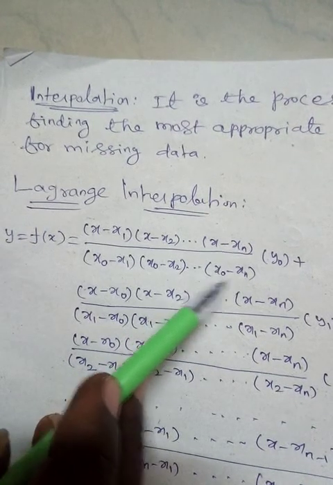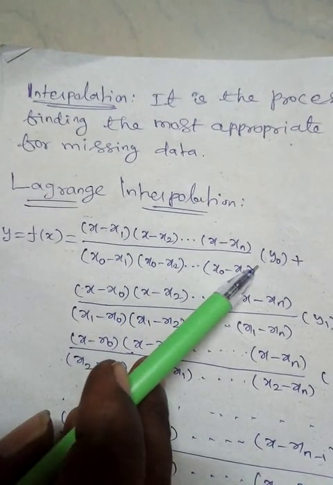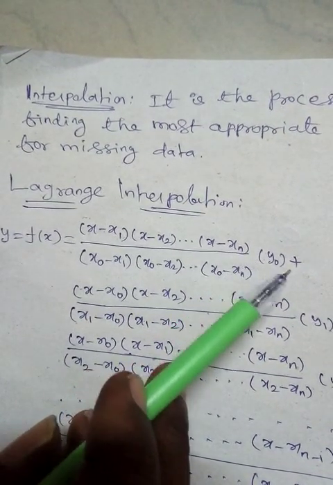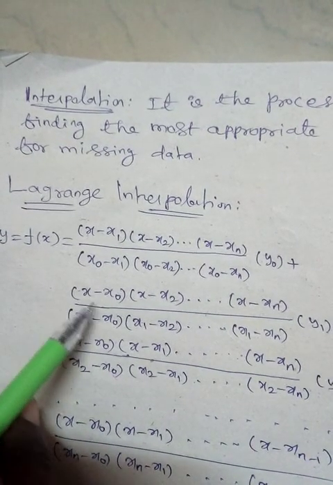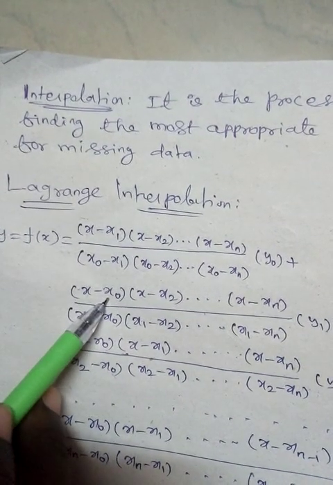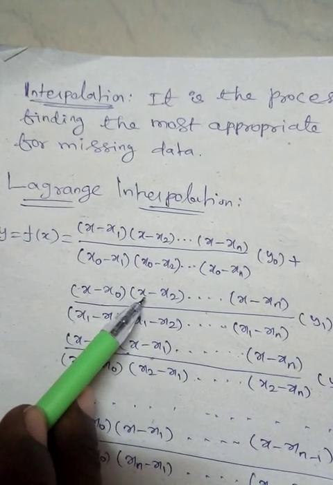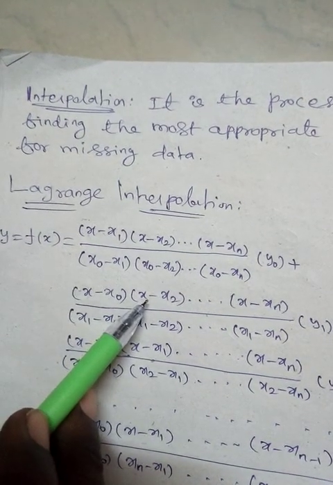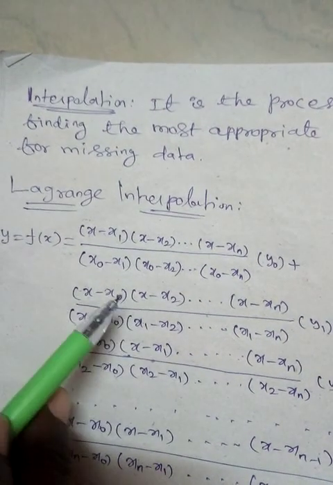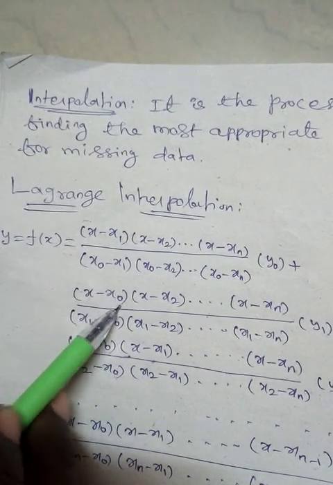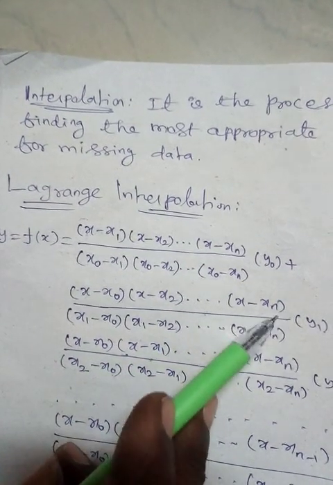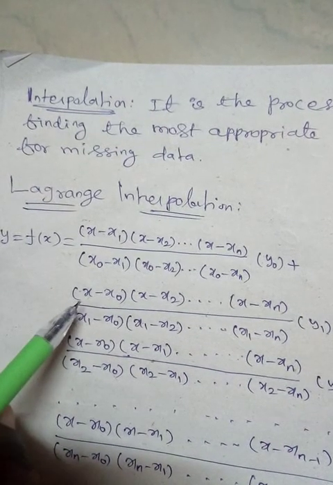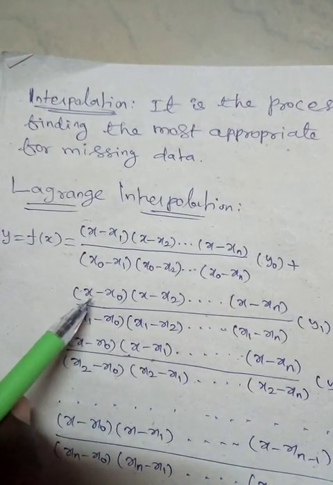So start from x0: x0 minus x1, x0 minus x2, x0 minus x3, etc., up to x0 minus xn, into y0, the first value of y, plus the second term: x minus x0, I leave x1. So which value are we going to leave? Don't take that value in the numerator. So x minus x0, x minus x2, x minus x3, etc., up to x minus xn, divided by the left value x1.